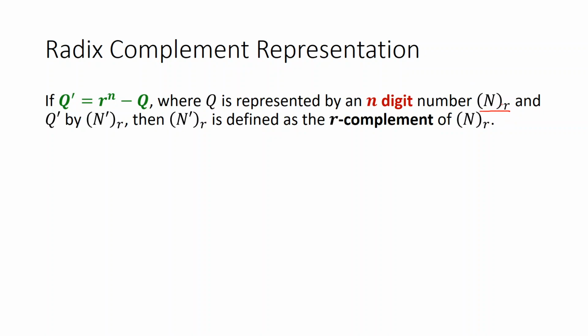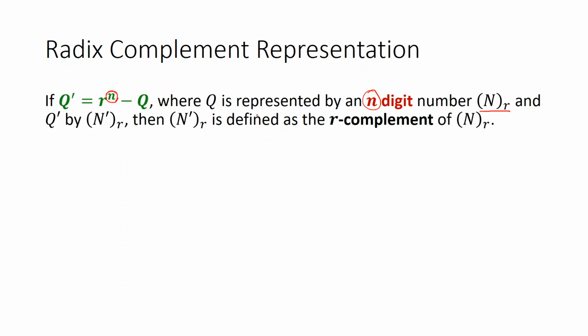This is a positional number. How many digits? n digits. This is mentioned, and this also appears here. So this is important. The length of the number is important because it comes in the very definition.